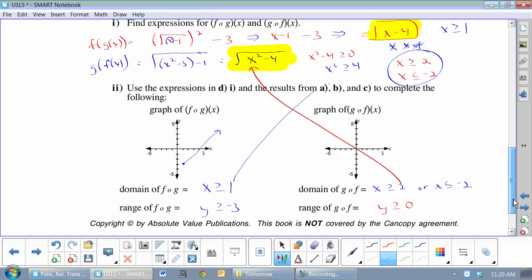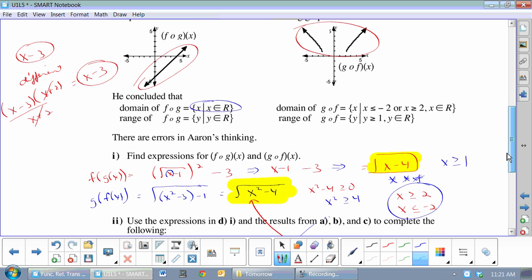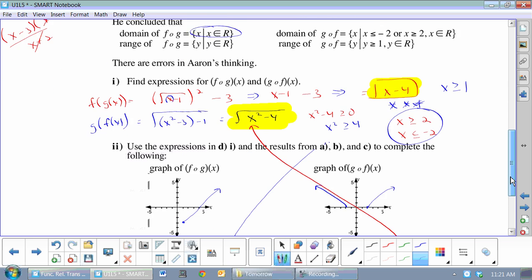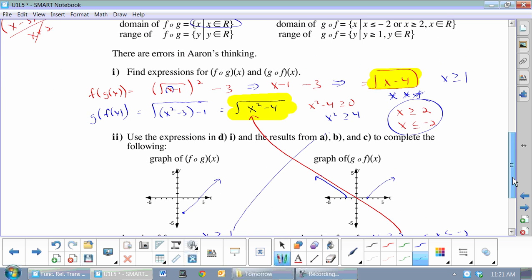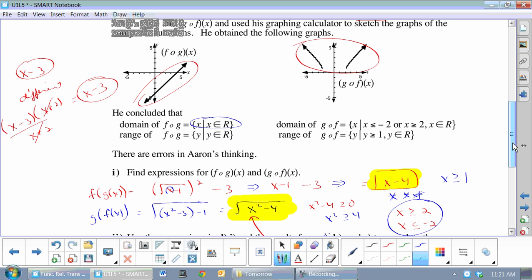No. So this one, if I was to graph it, it actually starts here and goes like this. And do you see how I'm different than his? He starts at 1. Because when you just do the final answer, you get that graph.